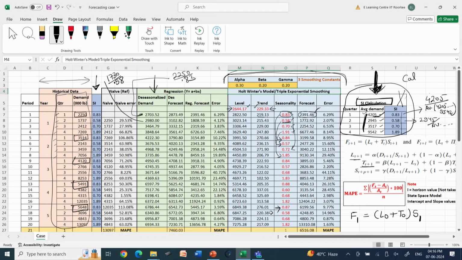So, gamma is not so dynamic, beta or the trend is slightly more dynamic, and level is even more dynamic. Generally, though it is not a rule, alpha is more, beta is less than alpha, and gamma is further less than beta.